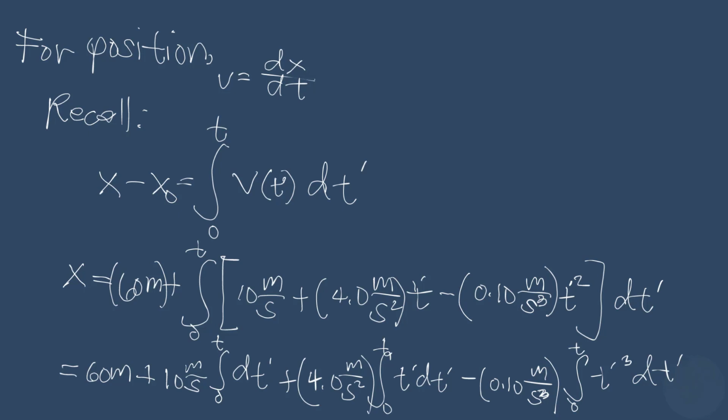Now, we distribute dt prime and the integral sign to yield 60 meters plus 10 meters per second times the integral of dt prime plus 4 meters per second squared times the integral of t prime dt prime minus 0.10 meters per second cubed times the integral of t prime squared dt prime.